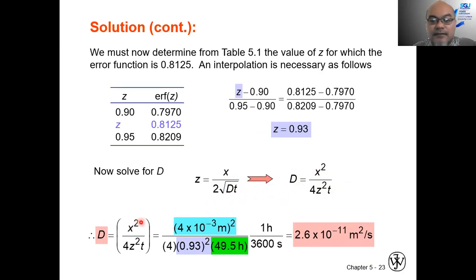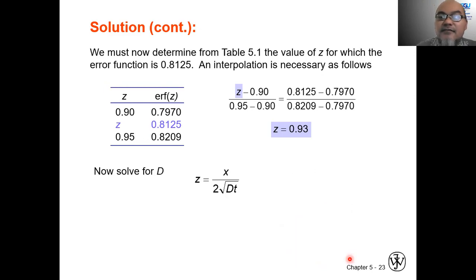We put X as 4 millimeter squared, divided by 4 times Z, which is 0.93 squared, times the time here, 49.5 hours, and we have to convert this first into seconds, so multiplied by 3,600 seconds per 1 hour. Here we obtain 2.6 times 10 to the power of minus 11 meter square per second. This is the diffusion coefficient.